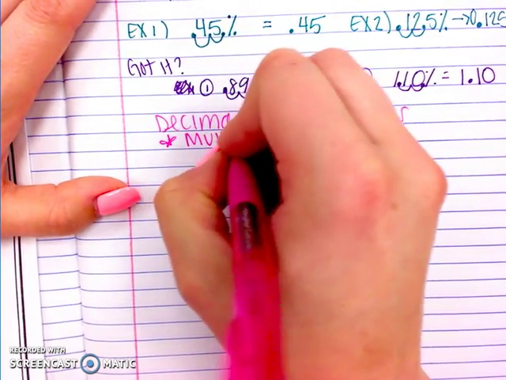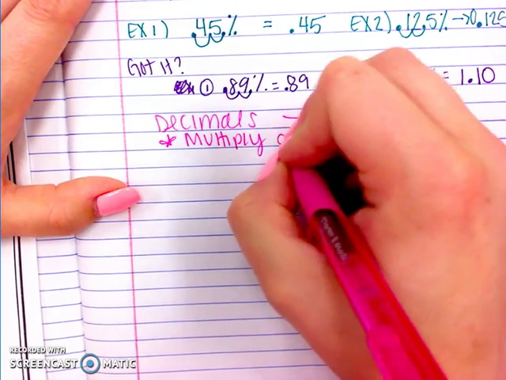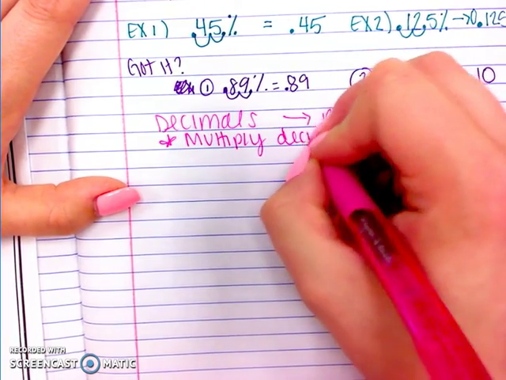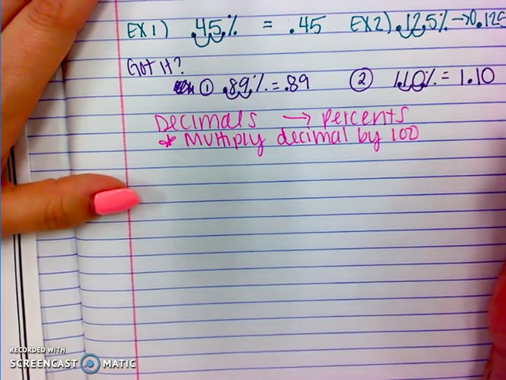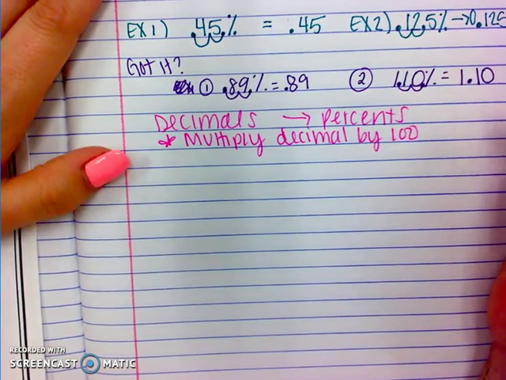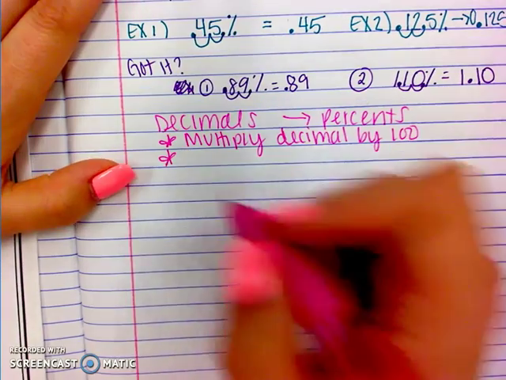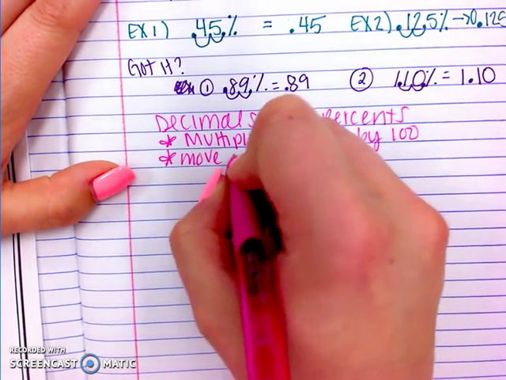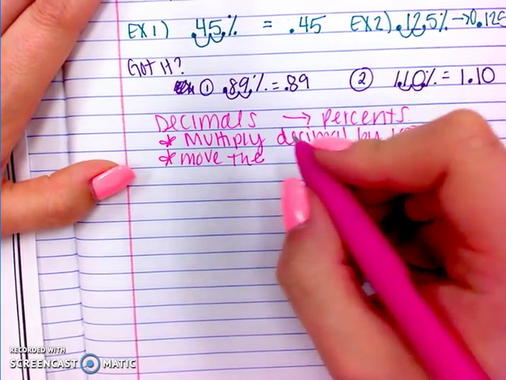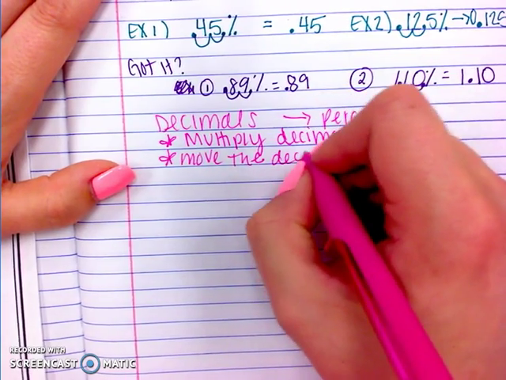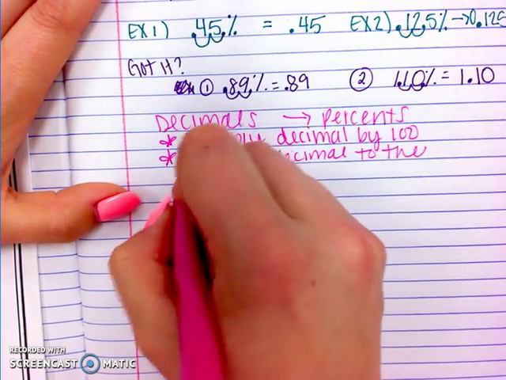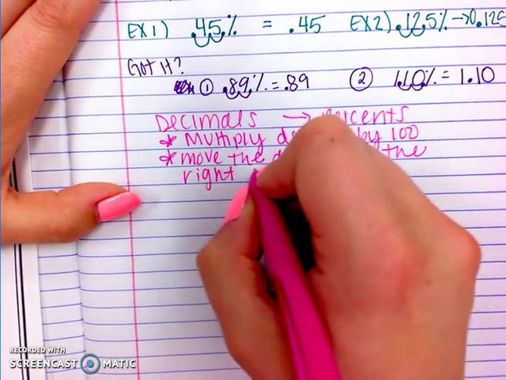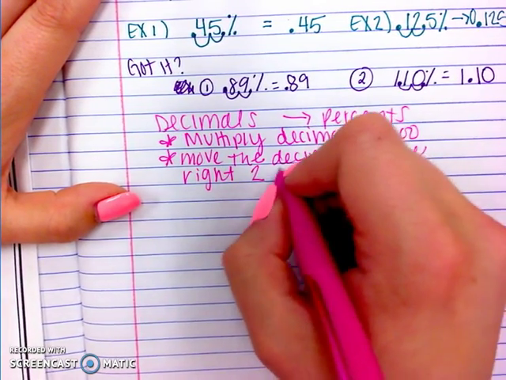I'm multiplying the decimal by 100. But the cheat way is to move the decimal to the right 2 places.